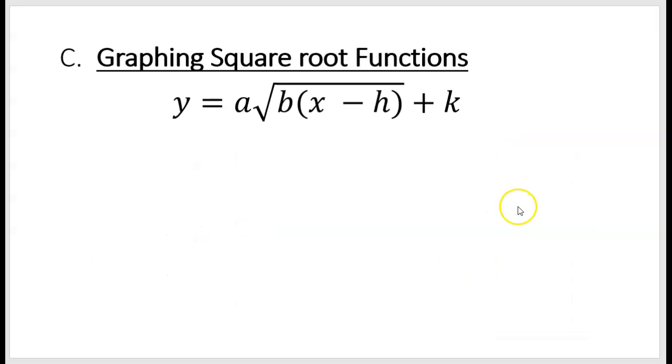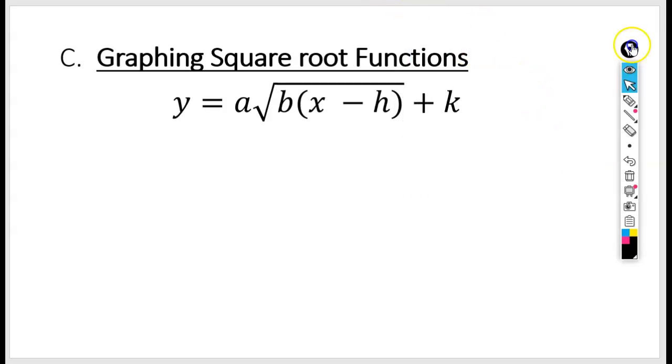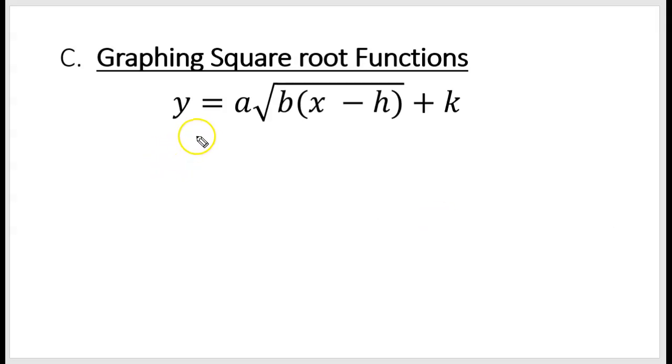So let's go ahead and start off by talking about the graph of the square root function first. What we really want to pay attention to here is a couple of different letters. We want to pay attention to the H and the K. These kind of make up our starting point.